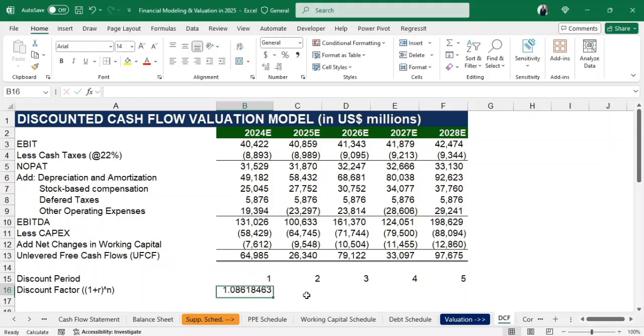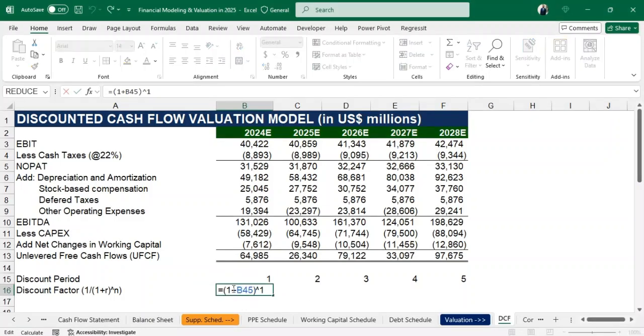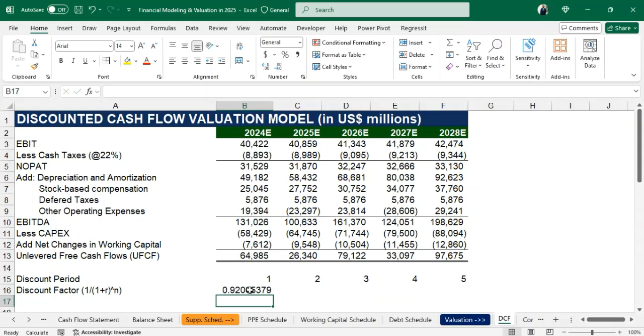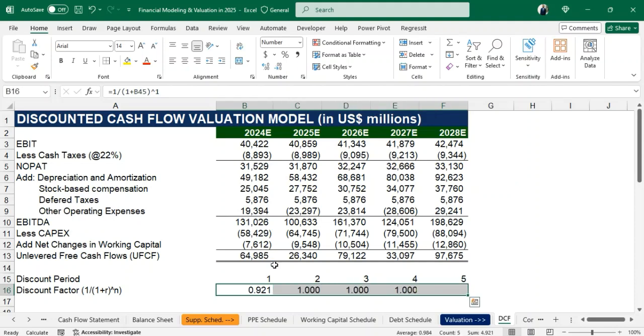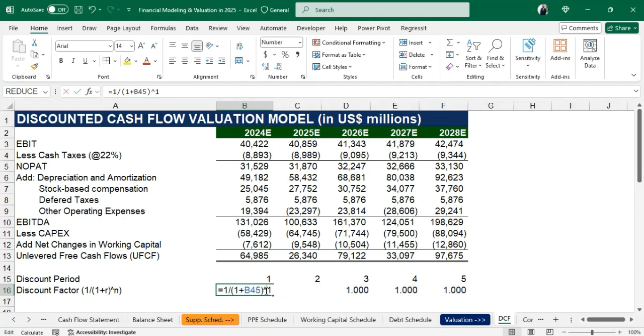And so this should be 1 divided by that. So hit enter. And so I can format this and copy this to the right using Control R.